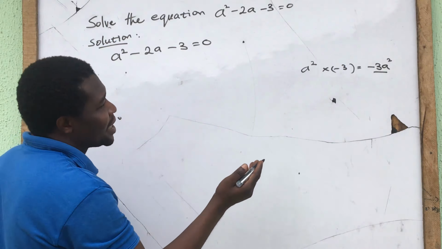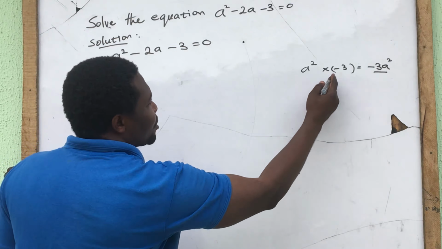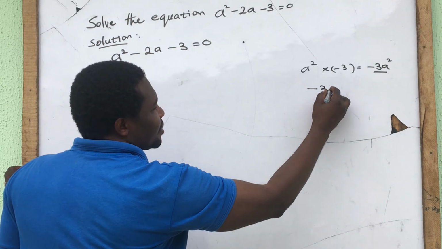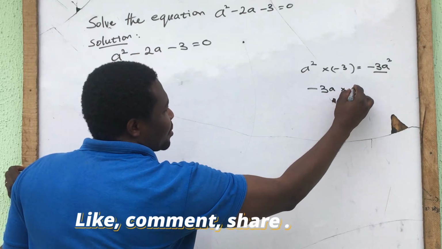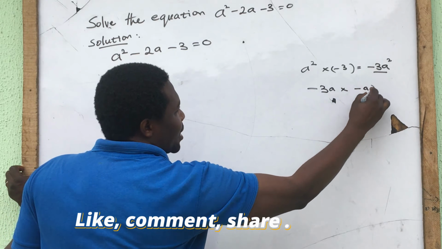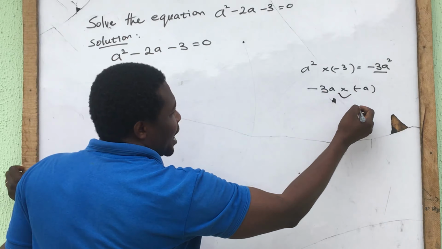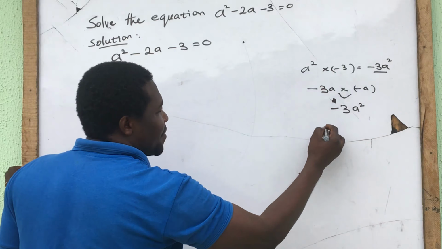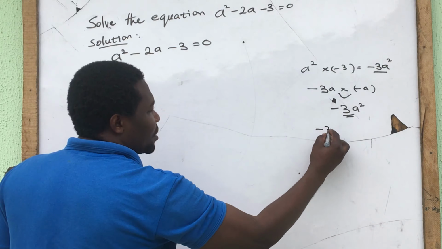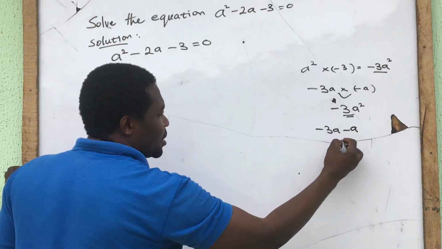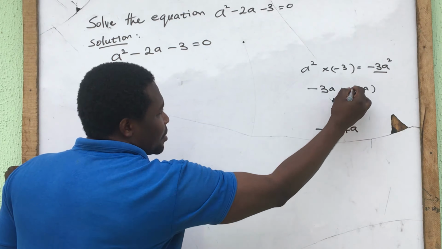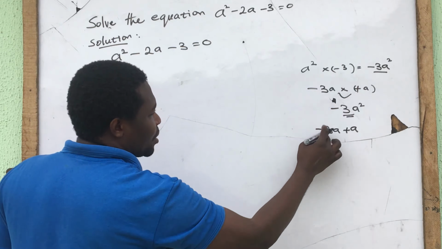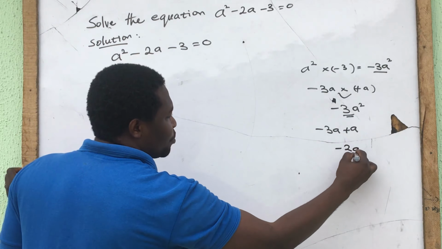So we are going to have minus 3a times plus 1a. If you look at this together, this will give us minus 3a squared. And when we add them together, minus 3a plus a, minus plus gives us minus 2a.